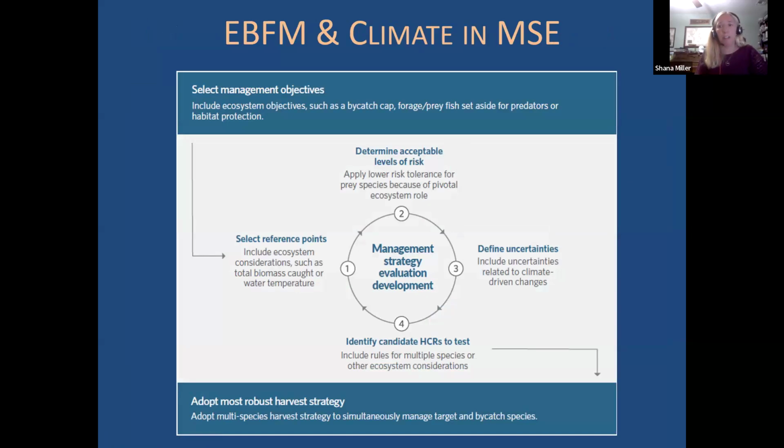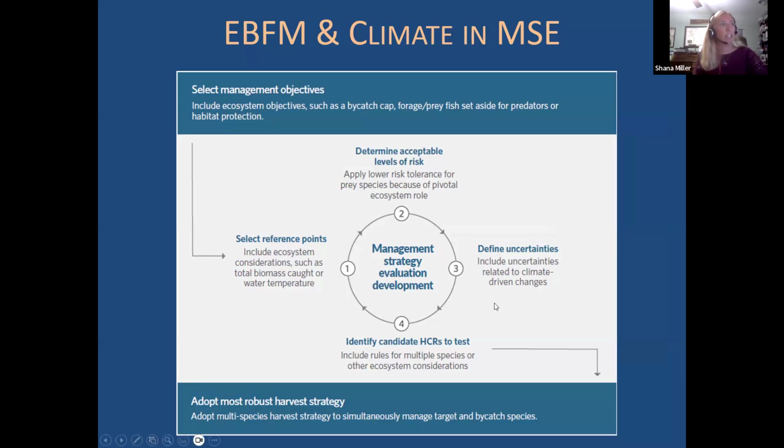A couple other benefits of harvest strategies and MSE, because they are so good at accounting for uncertainty, is that they are very good at evaluating climate change scenarios and also helping to implement ecosystem-based fisheries management, or the ecosystem approach to fishery management.